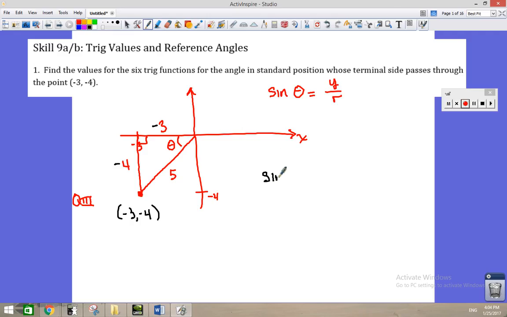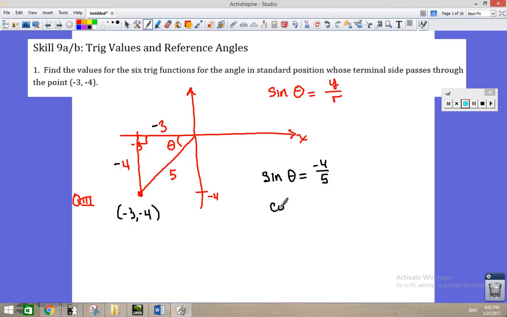So when I find the sine of this angle theta, using the opposite over the hypotenuse, we always use a positive hypotenuse, and we call that r, and r was the square root of x squared plus y squared from the Pythagorean theorem. All right, so for this sine, I get -4 over +5.